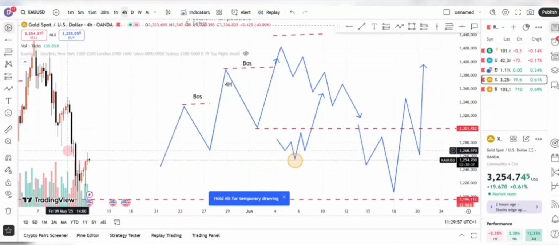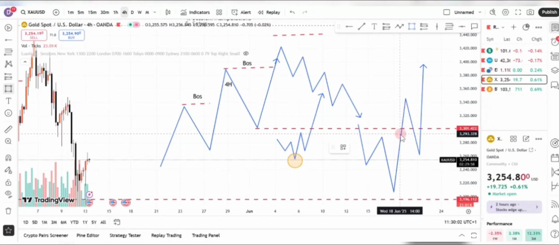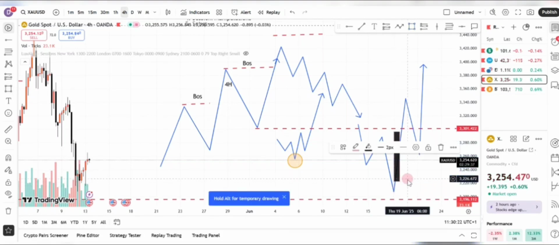Those big candles with imbalance usually create a fair value gap. So here, look. This is it. Let me show you. This is a candle.